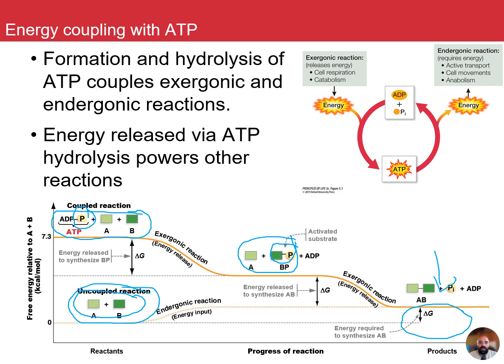And so this reaction of connecting A to B is now spontaneous because we're going from higher potential energy to lower potential energy. So by adding a chemical bond, specifically the phosphate bond from the ATP, we increase the potential energy of the reactants, and that allows our reaction to happen spontaneously.